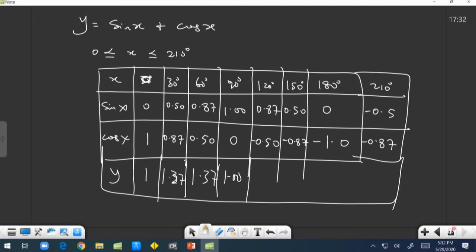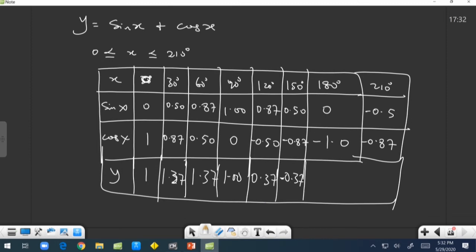Here you have to subtract this, so we have 0.37. Since it's subtraction, this will give us negative again, that will be minus 0.37.